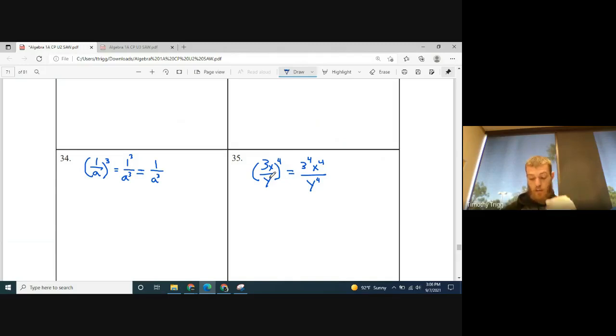That's kind of the key. If there was something outside the parentheses, then that fourth power would not go to that. But everything in the parentheses gets that fourth power. So here we have 3 to the power of 4. You could use your calculator, but it's 3 times 3 times 3 times 3, which is 81. x to the fourth over y to the fourth.